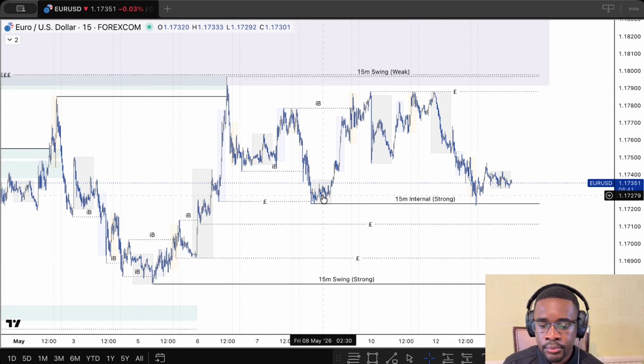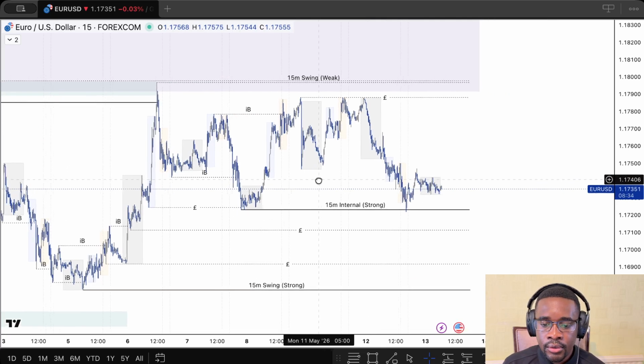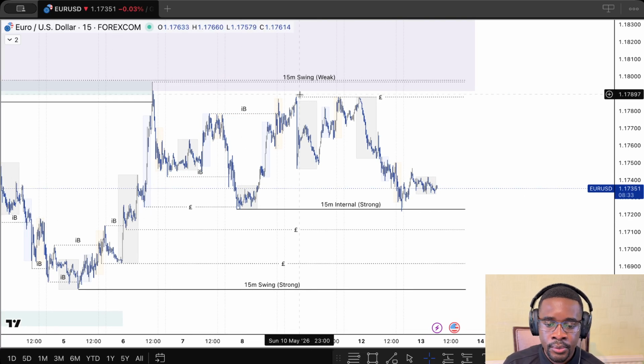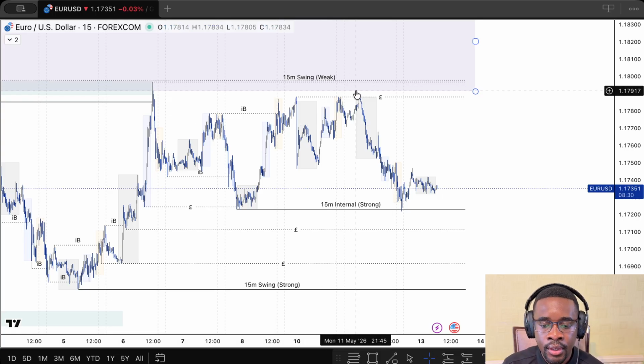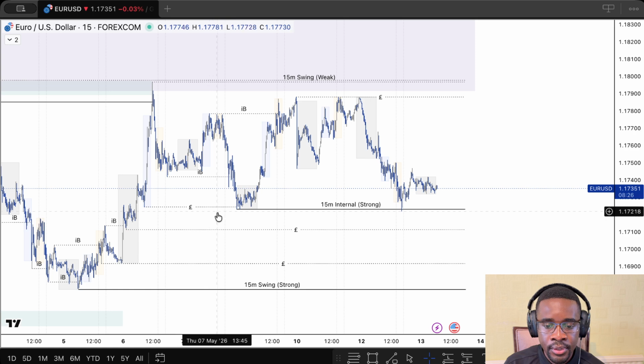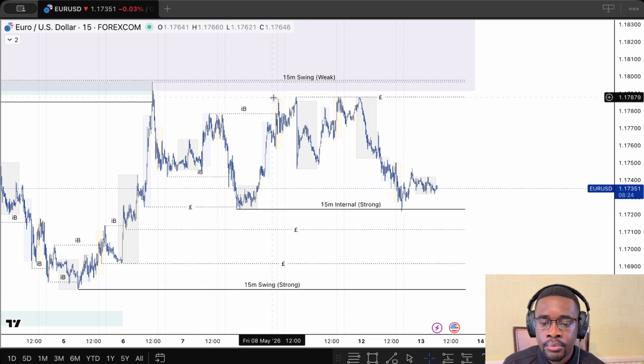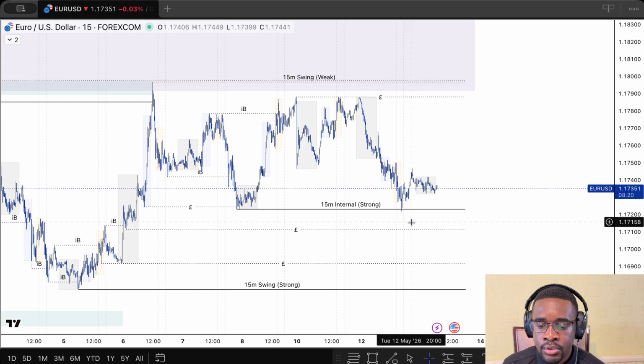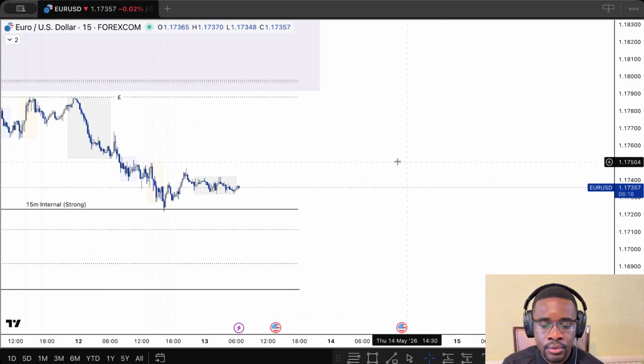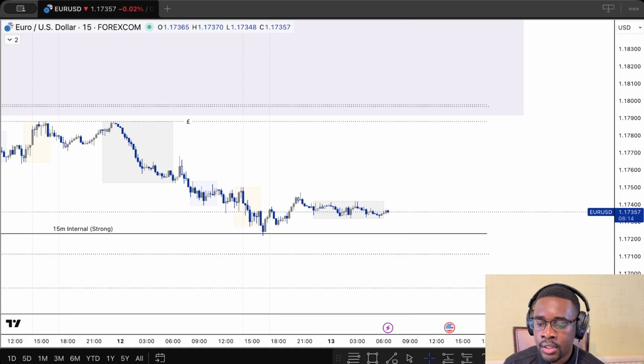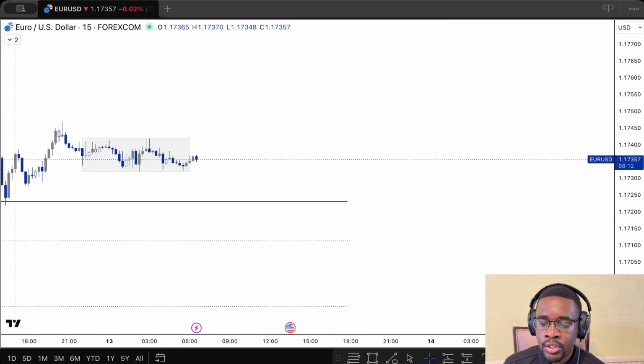Ideally, price did sweep or at least reach discount, or at least equilibrium of the swing range, and so we're expecting that price is going to continue to take out that weak swing high. That has not happened. Price comes up, created relative equal highs, came down, swept this low again, and now it's pretty much ranging sideways within this range.